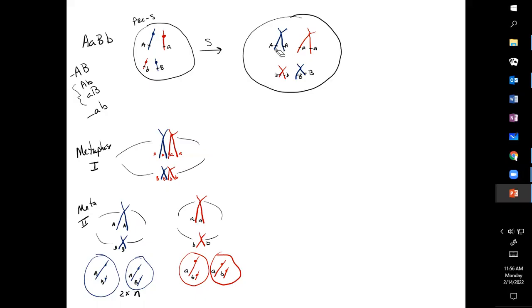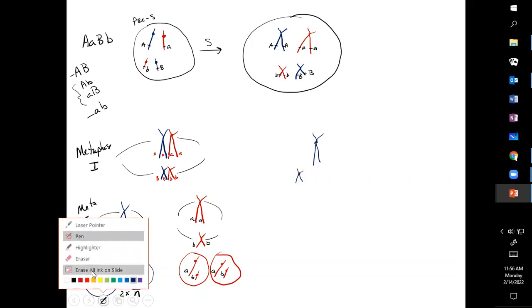And that has to do with the fact that the chromosomes, when they align on the equator, do so randomly. So this alignment here is just as likely as, say, let's say the parental one is on this side during metaphase 1, and let's say the parental for the other was on that side.